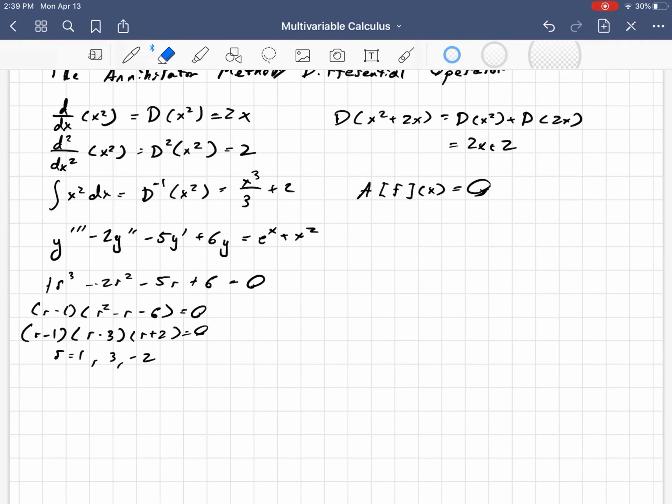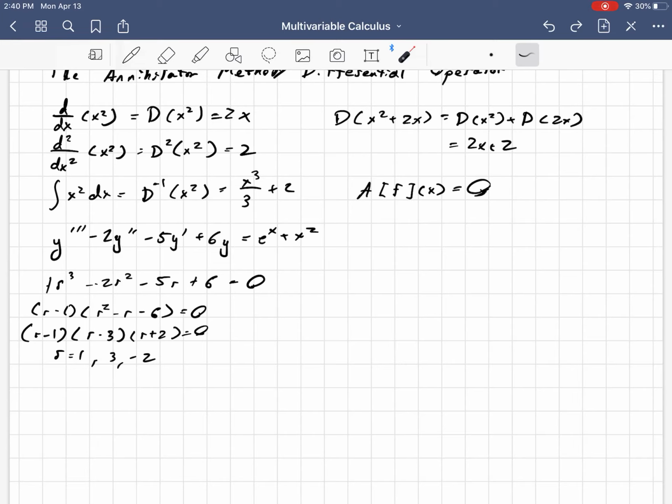So the homogeneous solution is, I'm not going to write it out, c sub 1 e to the x plus c sub 2 e to the 3x plus c sub 3 e to the negative 2x. Now we want to find the annihilator of e to the x plus x squared.